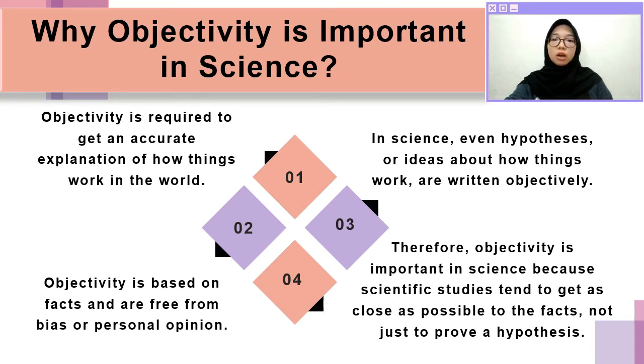A scientific hypothesis has to be something that can be supported or rejected through experimentation or observation. Therefore, objectivity is important in science because scientific studies tend to get as close as possible to the facts, not just to prove hypotheses.